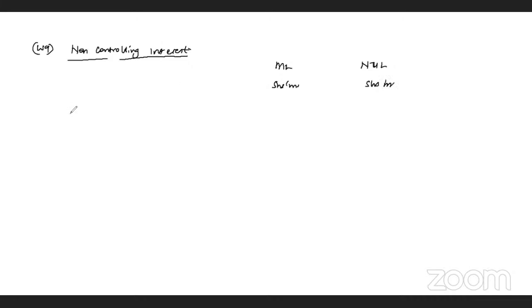So you start with your NCI at acquisition, which we computed in working two. The NCI at acquisition in ML was 40.4. Then for NUL, this was 261.8.